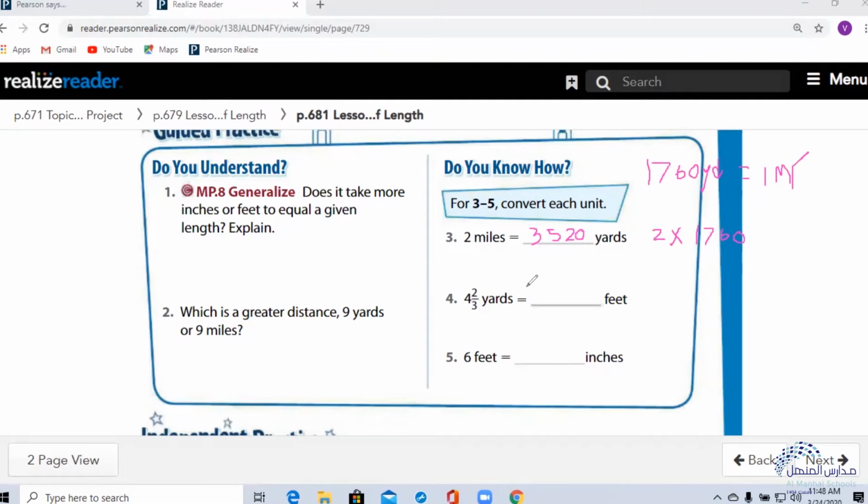Next question. I know I have to take yards to feet. And if I look at my data set, I know that there are 3 feet in 1 yard. So I know I have 4 yards and 2/3 of a yard.